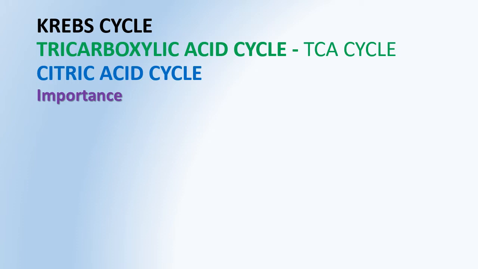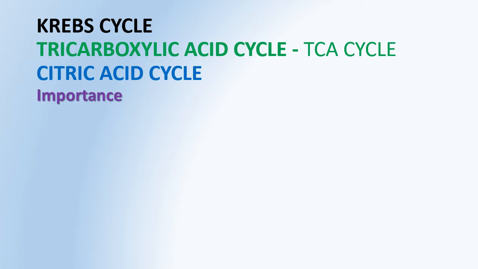In the course of electron transfer, a large amount of energy released is conserved in the form of ATP by a process called oxidative phosphorylation. In this lecture, our major emphasis will be on the TCA cycle, or tricarboxylic acid cycle, or citric acid cycle.